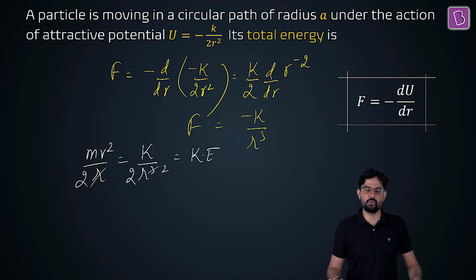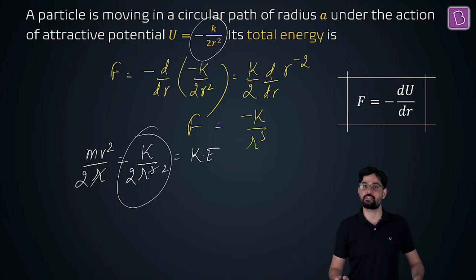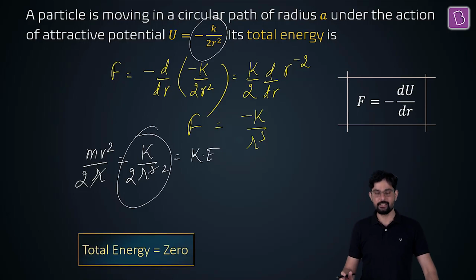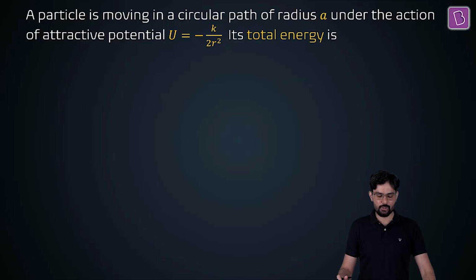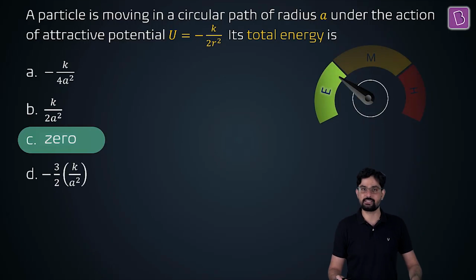And now all we have to do is add K by 2r square to minus K by 2r square to find out the total energy. And can you see? This comes out to be 0. So we have in this case the total energy to be equal to 0, and you can tick option C as the right answer.